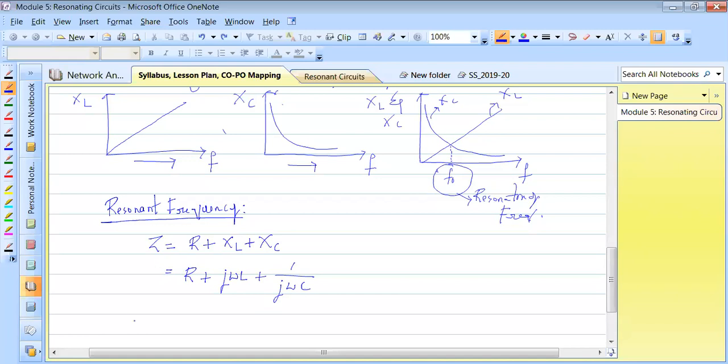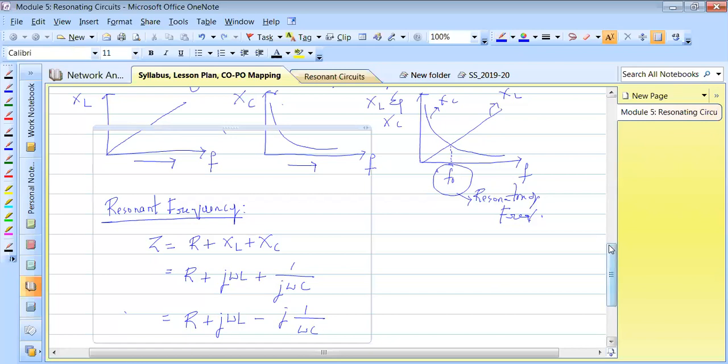Fine. Now further, since there is j in the numerator, let's write it as it is, but this j is in the denominator. Let's take this j to the numerator. When j is taken to the numerator, the j would become minus j. Let's keep this 1 by omega C as it is.